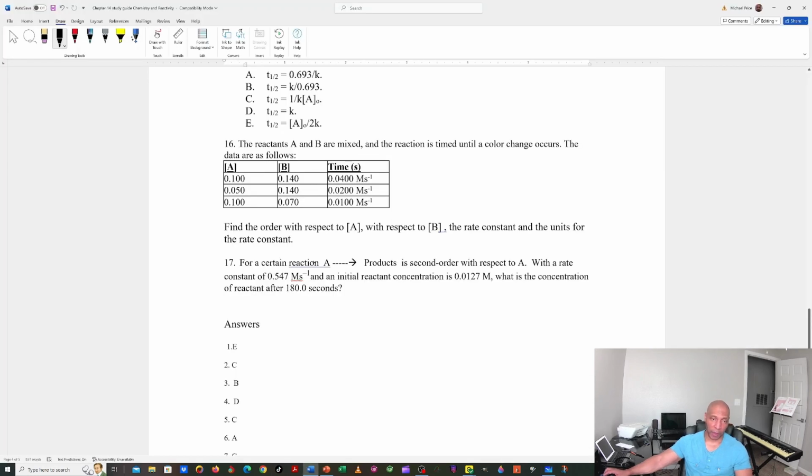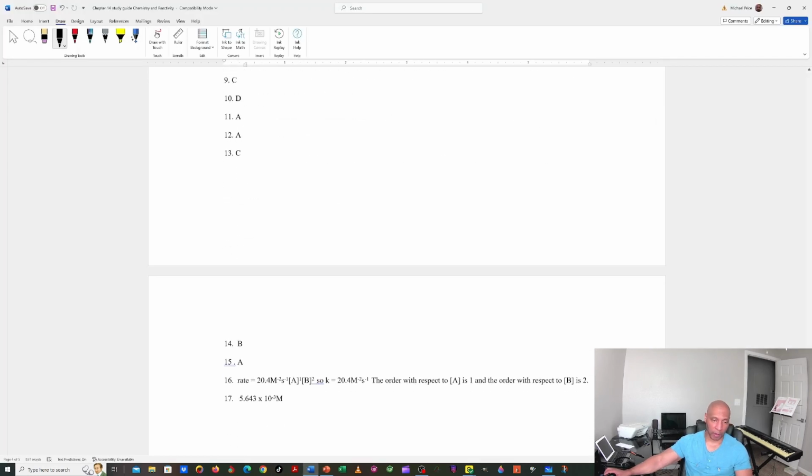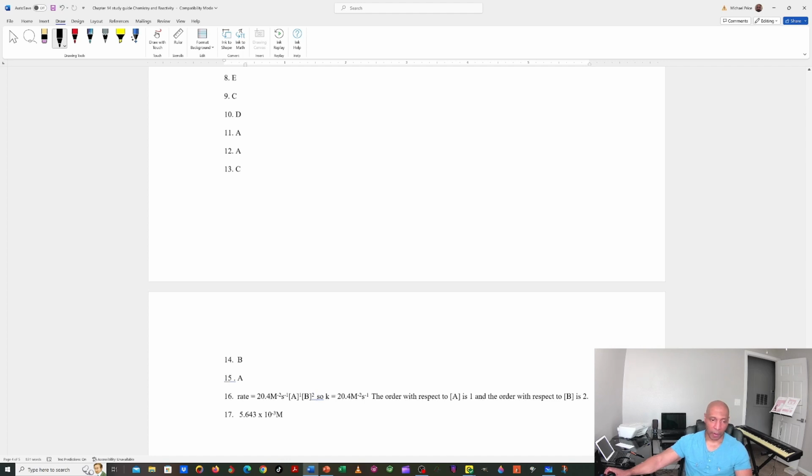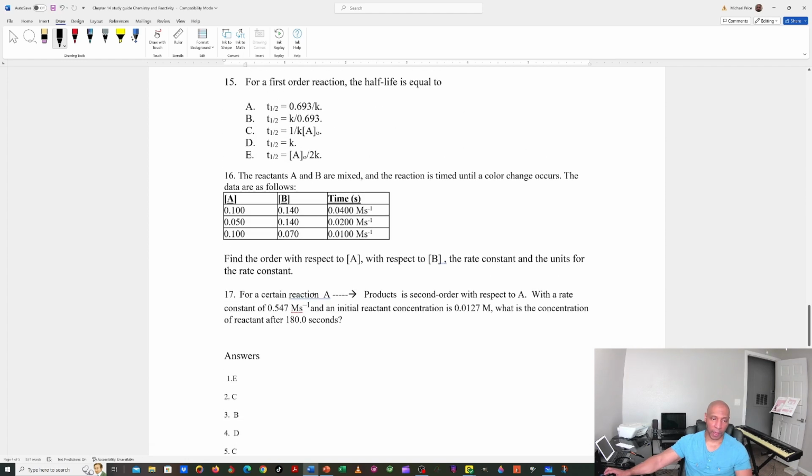So let's see if we got that right. Let's look at number 16, 20.4 M to the negative 2 s to the negative 1. Yeah, so let's go ahead and take a look at number 17. For a reaction, A yields products is second order with respect to A with a rate constant of 0.547.